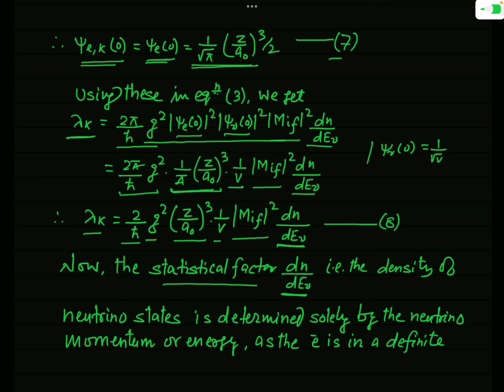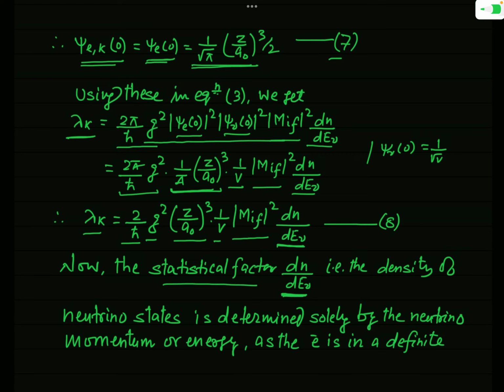But in electron capture, the electron has definite energy. So there is no need to find dn by de for the electron, because the electron's energy is definite. So this dn by de nu is solely determined by the neutrino energy or momentum.